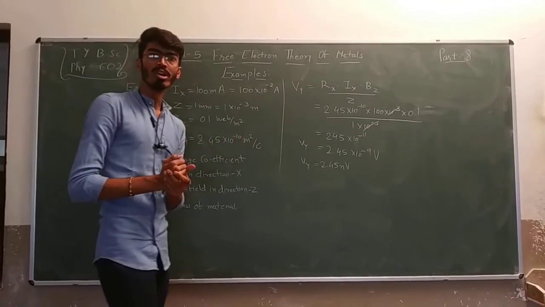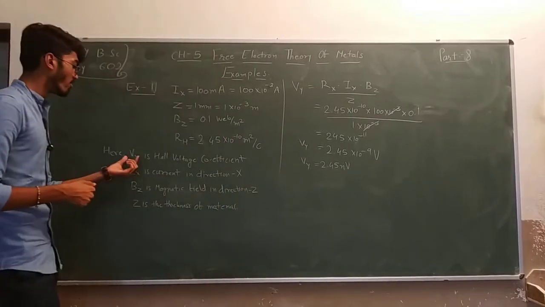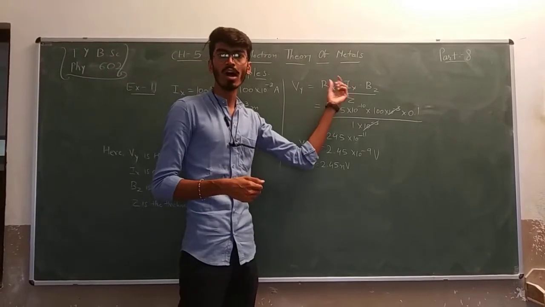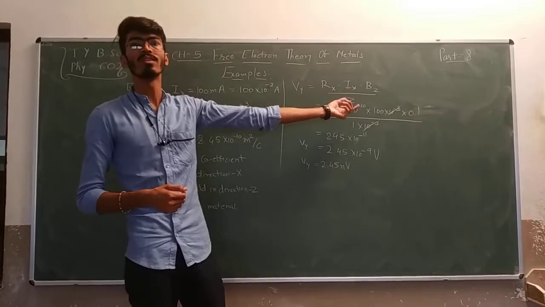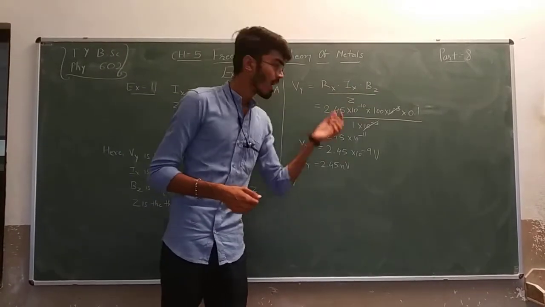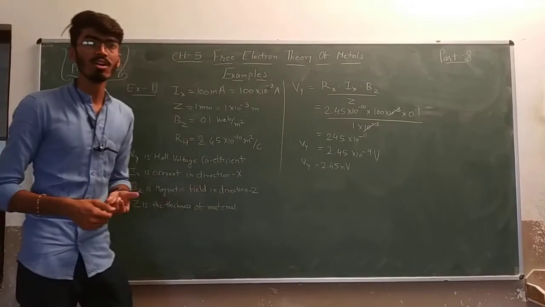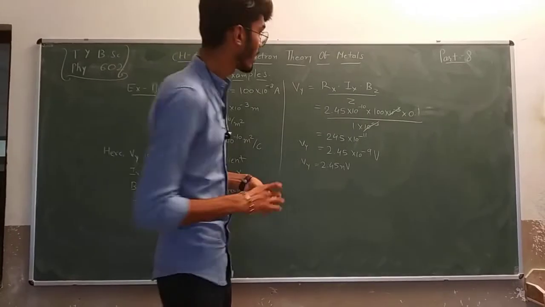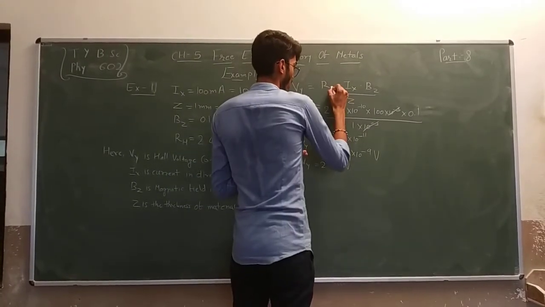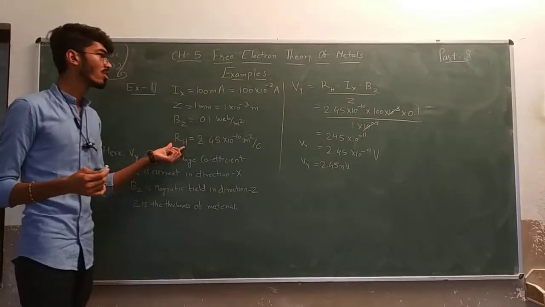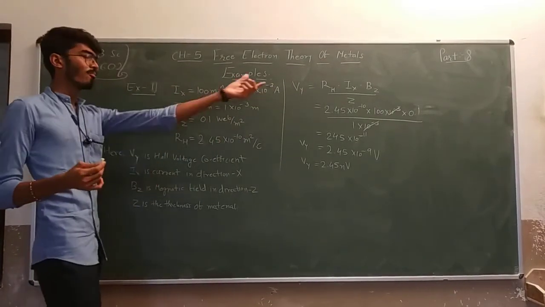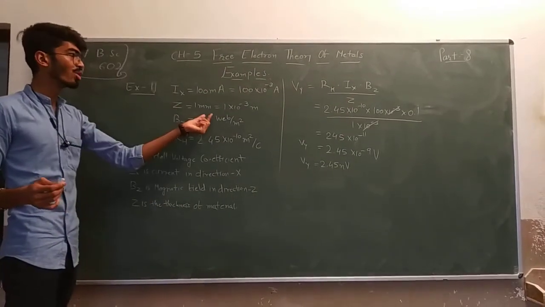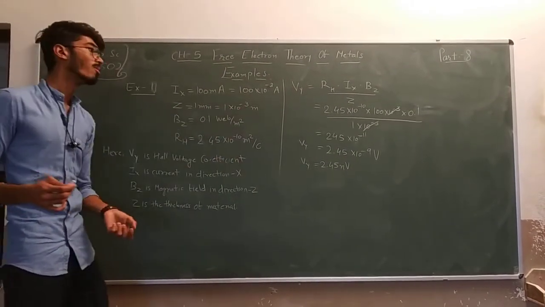So here we know the equation for V of Y, the Hall voltage: V of Y is equal to R of H into I of X into B of Z upon Z. After that we know the values of R of H, I of X and B of Z, and also we know the value of Z. Z is equal to 1 mm, 10 raised to minus 3 meter.